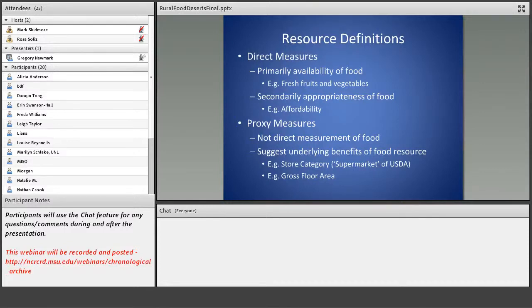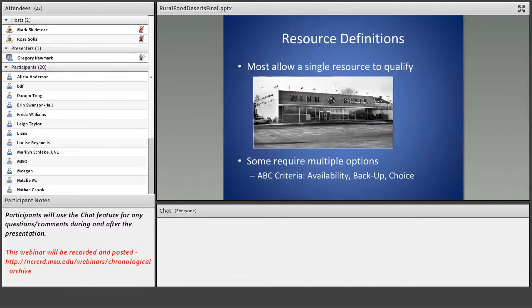So, for example, the USDA uses, as I read earlier, a store category measure. As a proxy measure, is it a supermarket? Or you might use the gross floor area, that a store needs to be of a certain size. Certainly you could have a small store that has lots of food, but this is a simple way to get by proxy to what that resource really is.